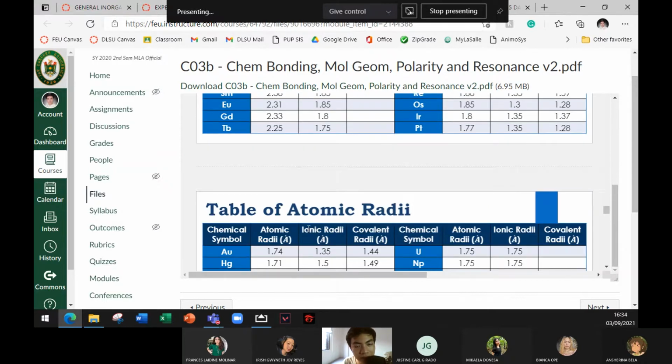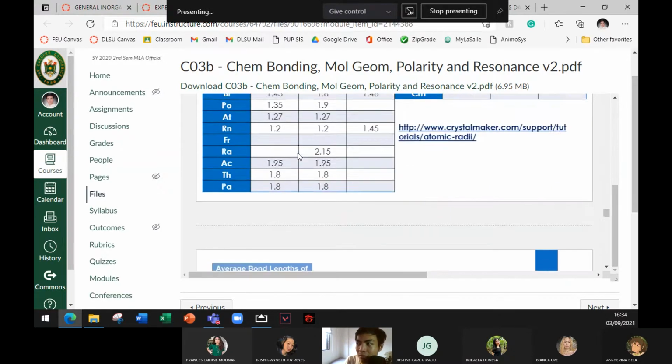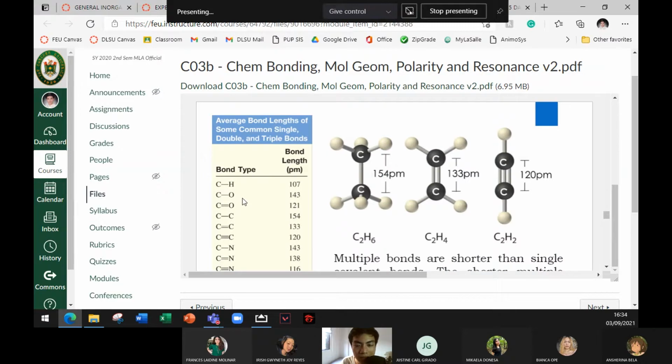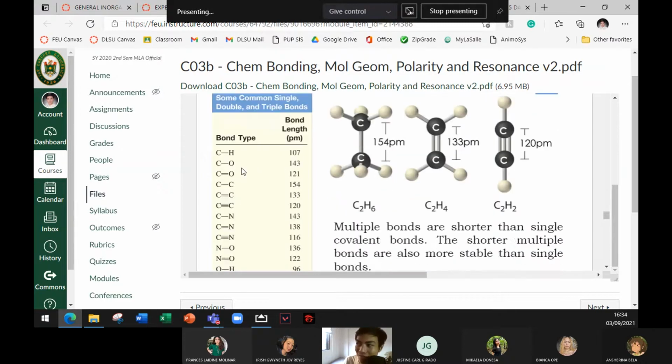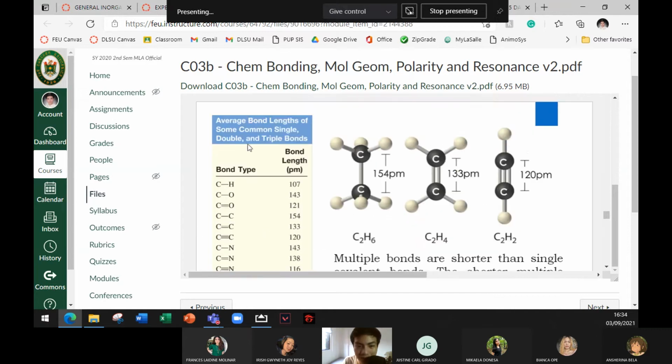Okay. And sabi ko rin last time sa iba sa inyo, there are differences, 'di ba? Kunwari pag pinag-add ko dito, ba't iba yun dito, sir? Kasi ang reason diyan ay magkaibang resources to. Etong may yellow, this is textbook ni Chang.